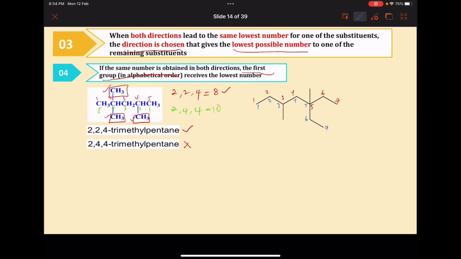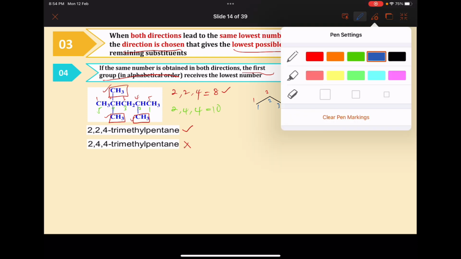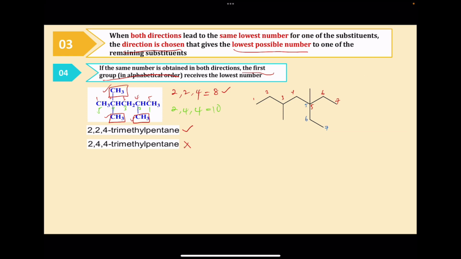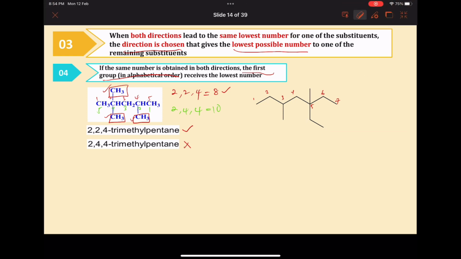Same as well. So which means we have the same total number. So then we look for the other routes, 1, 2, 3, 4, 5, 6, and 7.